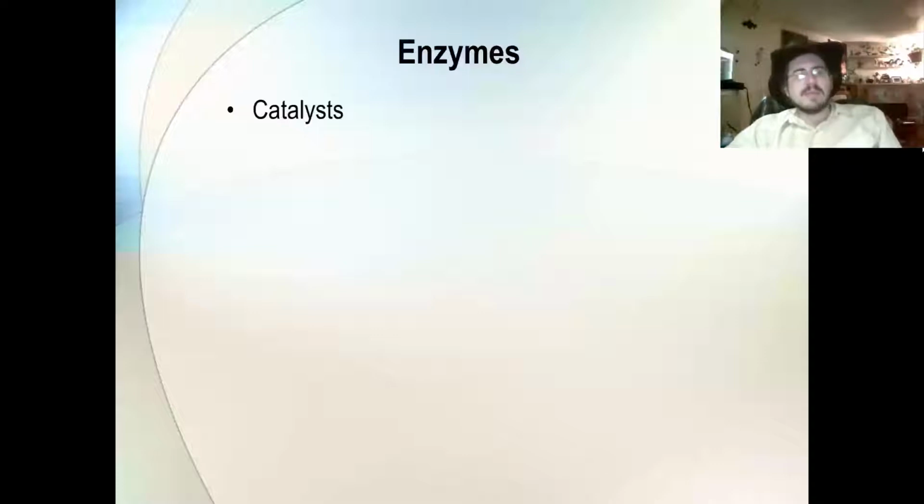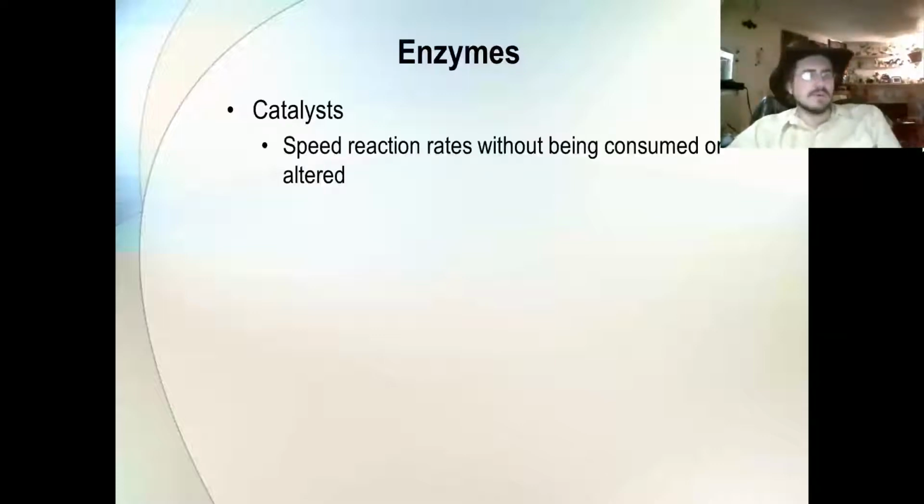An enzyme is so useful in chemical reactions because it is a catalyst, right? What does a catalyst do? Well, it speeds reaction rates without being consumed or altered. And we use the word enzyme to refer to a biological catalyst.